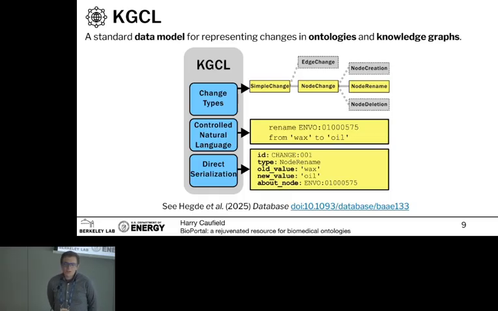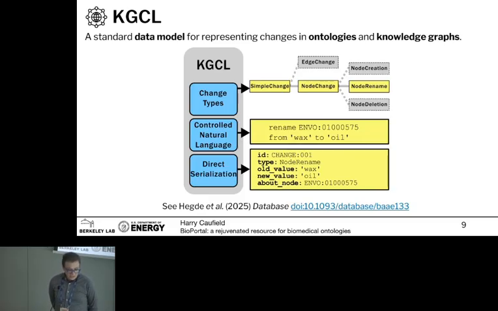There are certainly technical ways to describe the changes that may happen in data, but when you're dealing with resources that don't all necessarily share the same format or even the same modeling, you want an easy way to describe both the human level changes, or the human understandable changes, and the literal technical changes that are happening between those relations. So in KGCL, this means we have a hierarchy of change types. This is just part of the hierarchy.